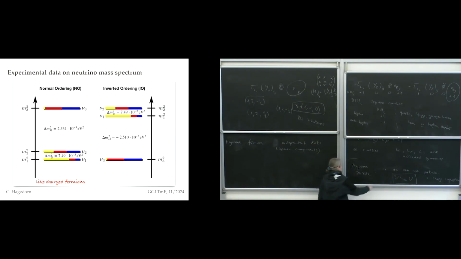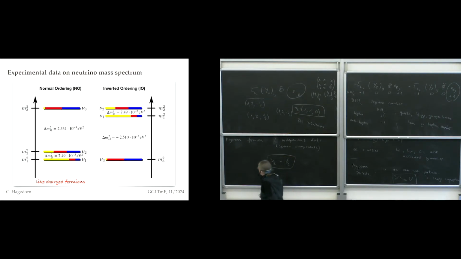Yes, that's correct, because from this equation you can derive that the right-handed component is the left-handed charge conjugate. So this means you now get some components for free, so to say, because they are not independent anymore.